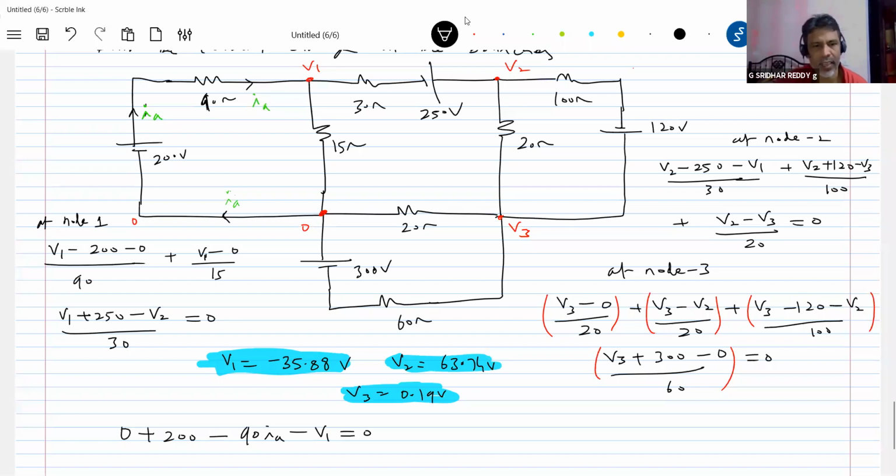Substitute V1 with sign, get the expression for IA. Let this be IB. Let this be the current in various branches. So now you can ask, sir, on what basis are you assuming current? Arbitrary. If I get current negative, I'll change the direction.